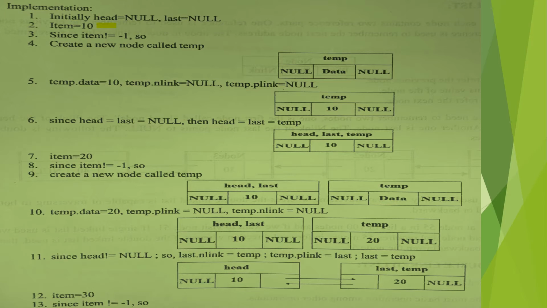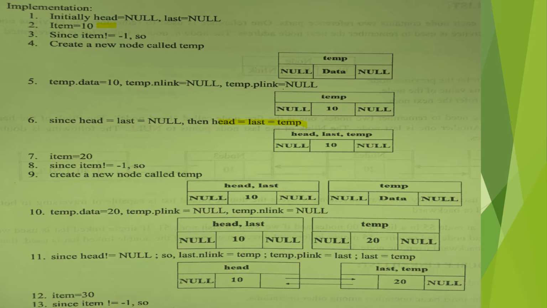Since it is not equal to -1, I have created a node temp, and temp dot data equal to 10, temp dot n link equal to null, and temp dot p link equal to null. Since head equal to last equal to null, then head equal to last equal to temp. Since it is the only one element in the double linked list, head, last and temp are same.